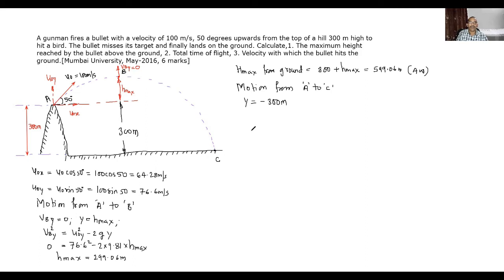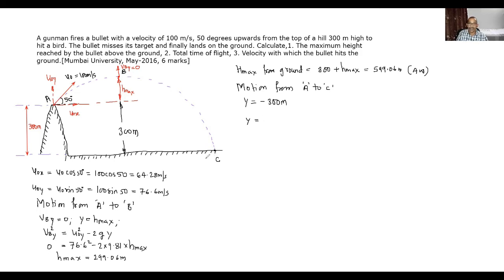Now y is known. If we use the equation of y, it will be in terms of only one unknown, that is t. That is the equation of motion, and in that one a is replaced by minus g.